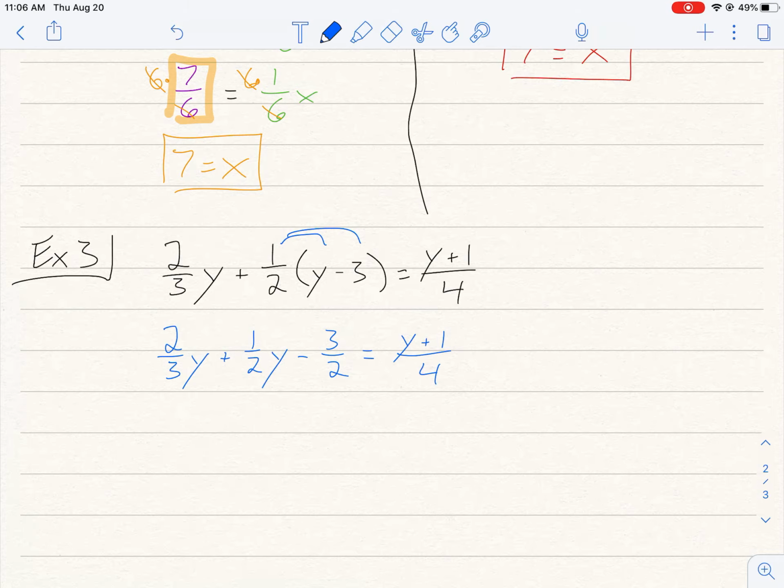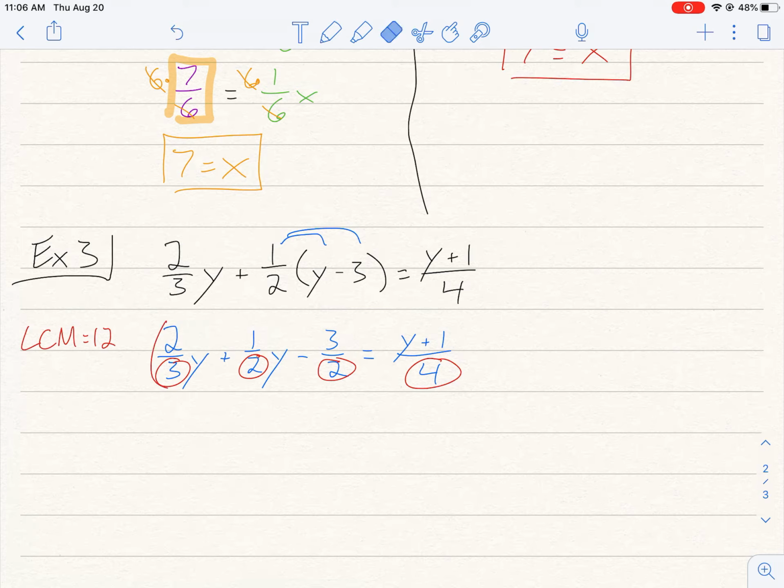Now let's use that method that I showed you the second time in the previous problem. So denominator of 3, denominator of 2, 2, and 4. So my lowest common multiple here is 12. So I'm going to take each term and multiply it by 12 over 1.